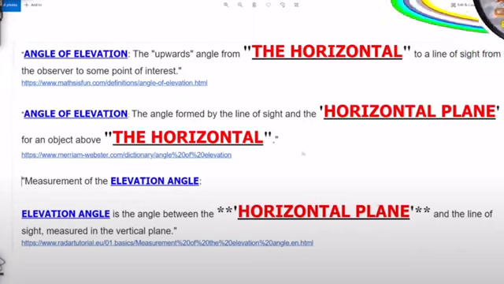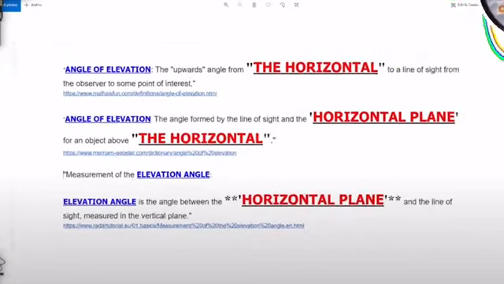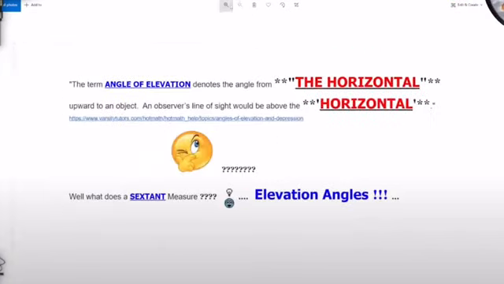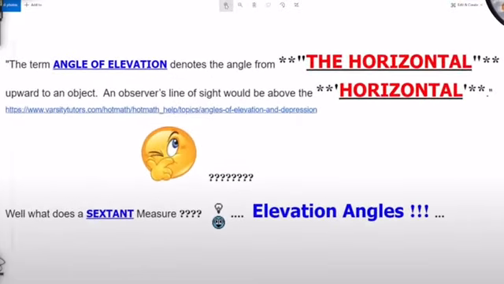The whole ball-tart spinning space monkey religion implodes right here with the sextant and elevation angles. It's just that simple. We can't get around it. You don't like that simplicity, do you? I love this argument. I just love it.